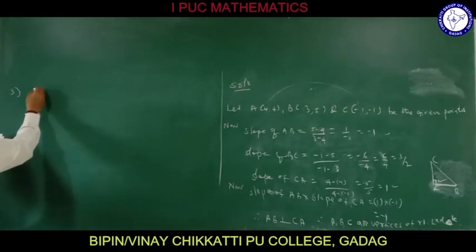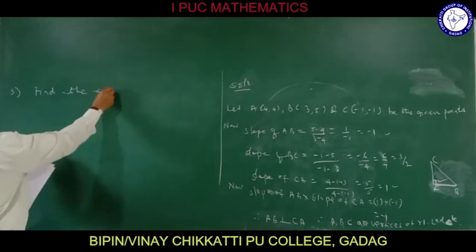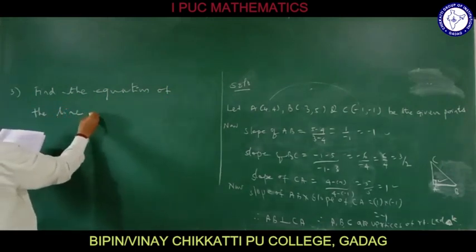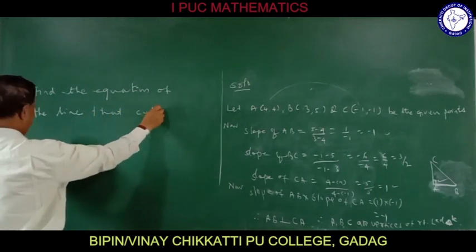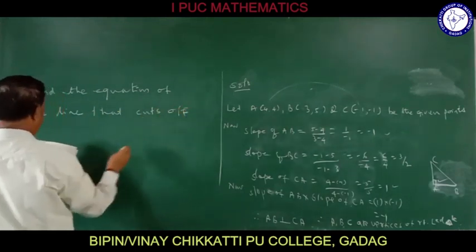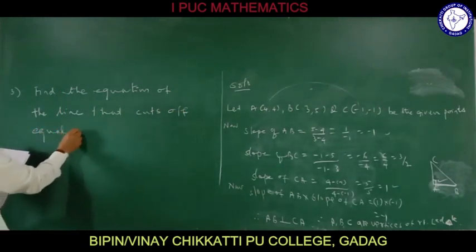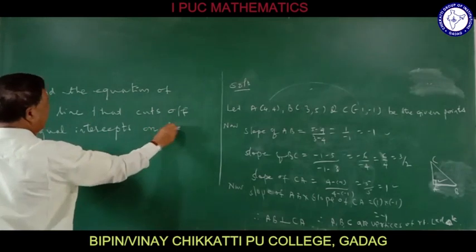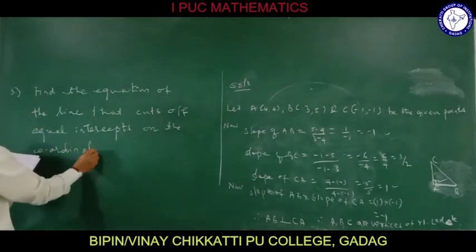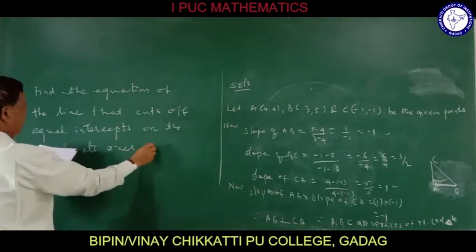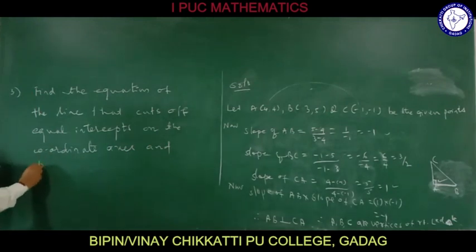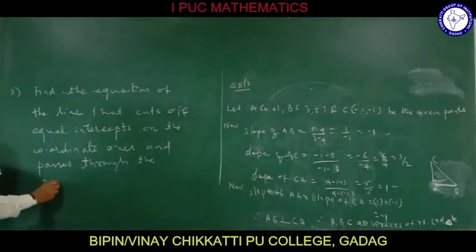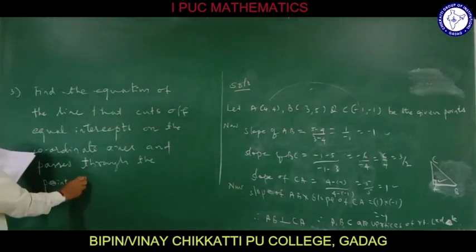Find the equation of the line that cuts off equal intercepts on the coordinate axis and passes through the point 2, 3.